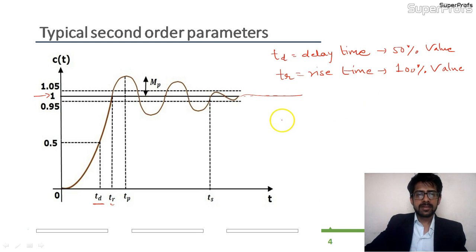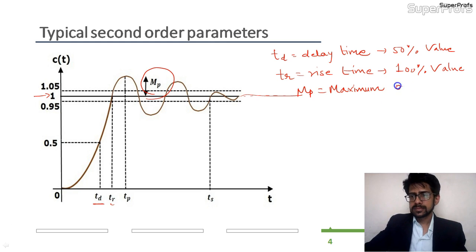Now we have a third parameter known as MP. MP is nothing but maximum overshoot. Maximum overshoot is nothing but the percentage of value which is more than 1 attained by the first peak of the time response.